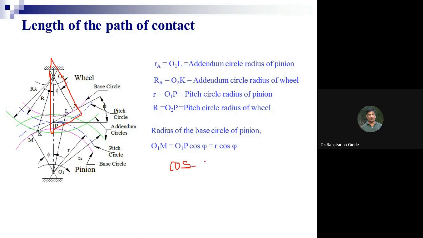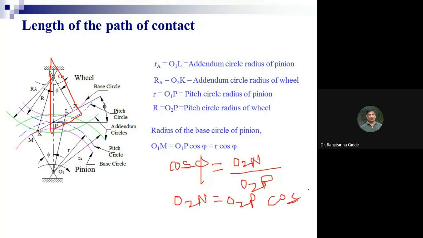Cos phi is equal to O2N divided by this O2P. Then we are going to get O2N is equal to O2P into cos phi. So what is O2P?